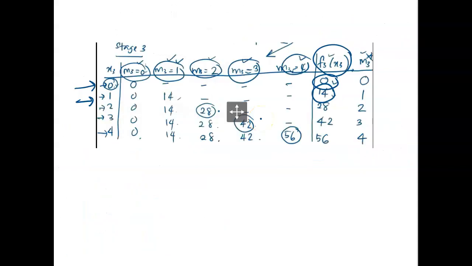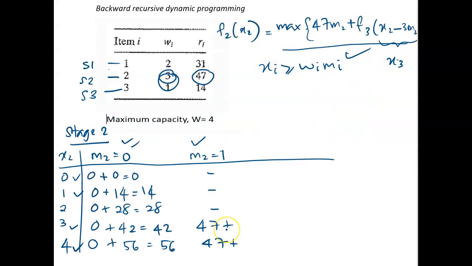When x3 equals 0, the value is 0. And when x3 equals 1, the value is 14. So we have 0 and 14. So 47 plus 0 is 47, and 47 plus 14 is 61.